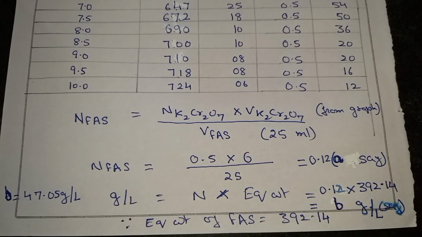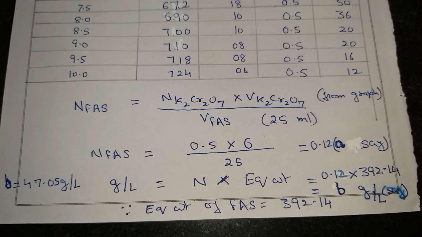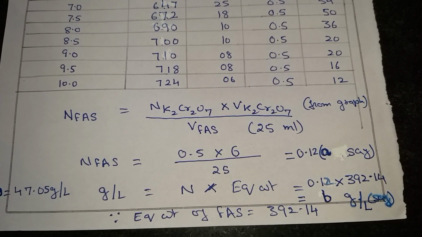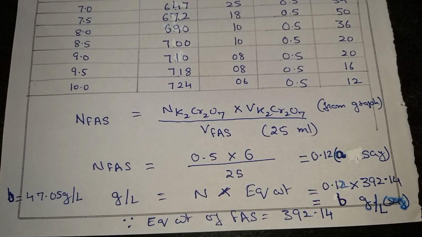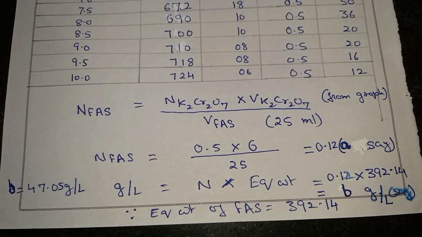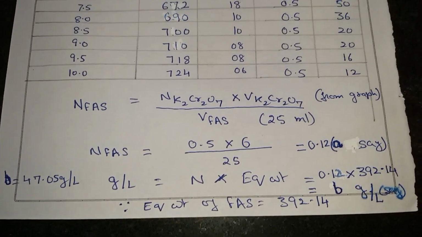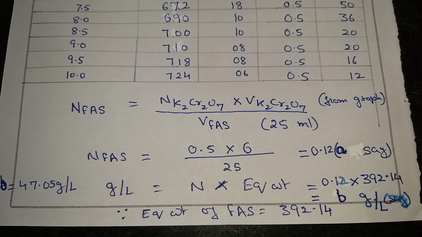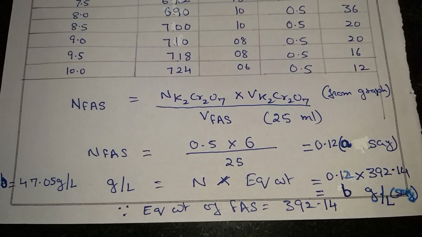The normality of FAS can be calculated using the formula: normality of potassium dichromate, which is given to us as 0.5 normal, times volume of potassium dichromate, which has been obtained from the graph, that is 6 ml, divided by the volume of ferrous ammonium sulfate given to us as test solution, which was 25 ml. We can calculate the normality of FAS by substituting these values in the formula. 0.5 into 6 divided by 25, which is equal to 0.12 normal.